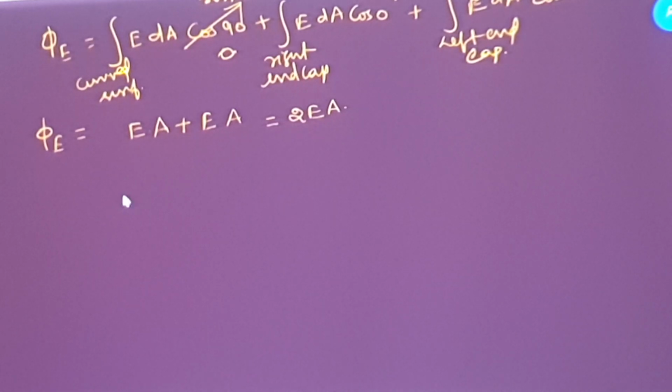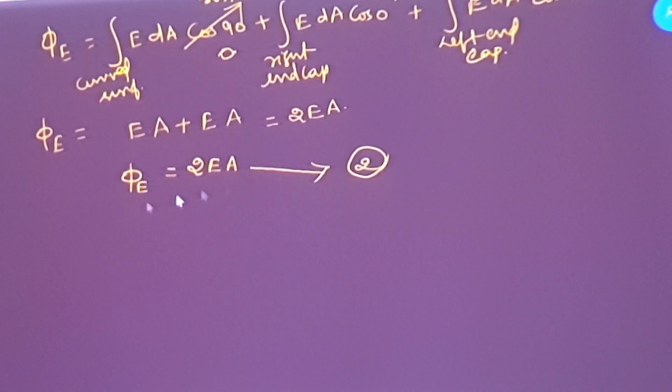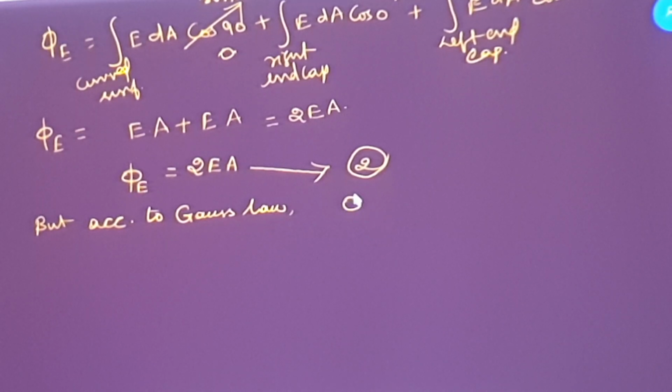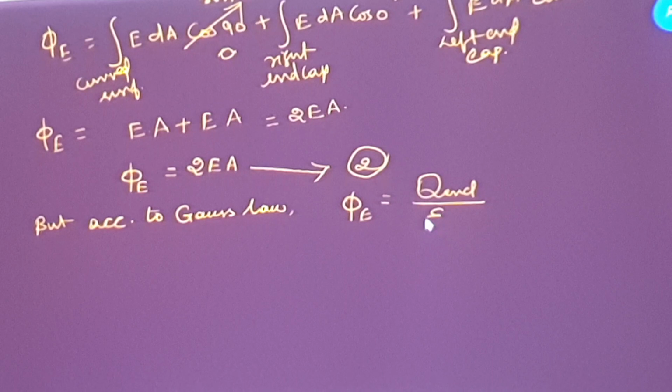So using the formula, the electrical flux phi E is equal to 2 into E into A. Take this as equation number 2. But according to Gauss law, which you have studied, electrical flux phi E is equal to the charge enclosed divided by epsilon 0.